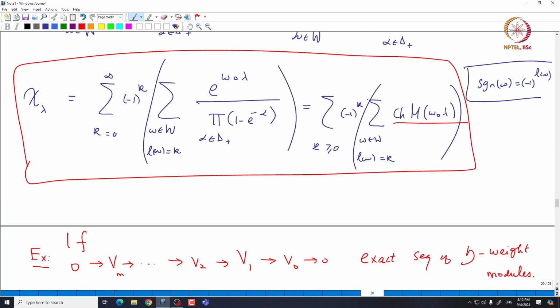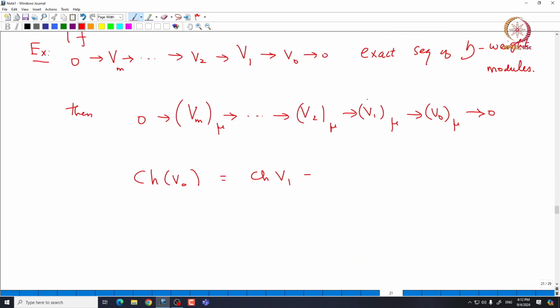So the character is the summation of minus 1 power i plus 1 for i greater than or equal to 1 of the character of Vi.